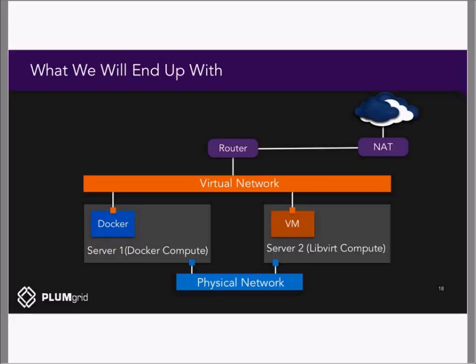Then logically, on the upper side, you have a virtual network provisioned by Neutron, which shows that your container and your VM are connected to the same Neutron network, and they can communicate as if they're sitting in the same place. Then you can connect your Neutron network to a router, and the router to the internet for floating IPs, etc. We'll go over that in the demonstration.